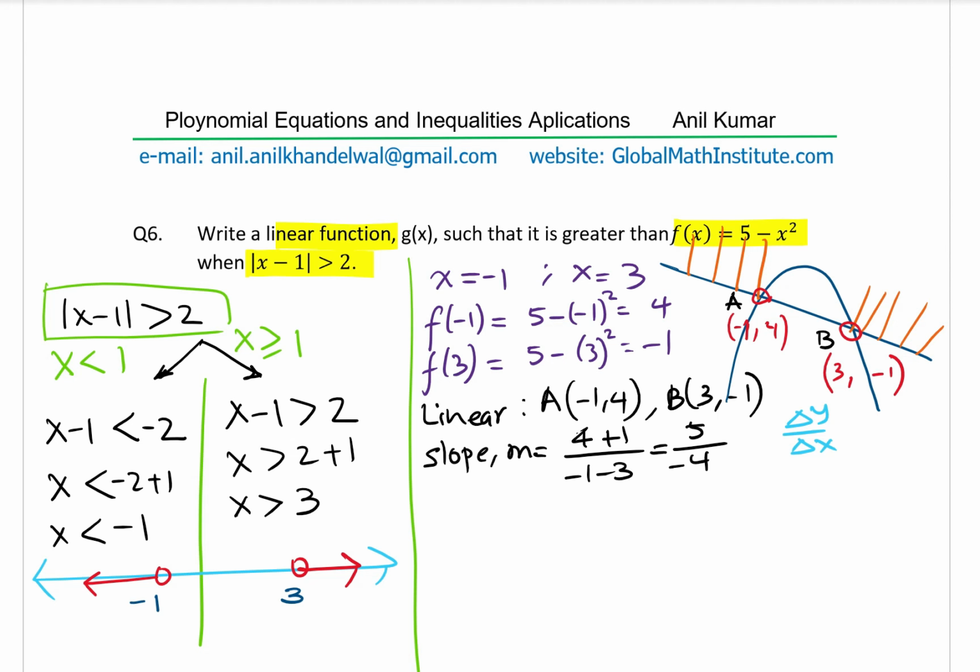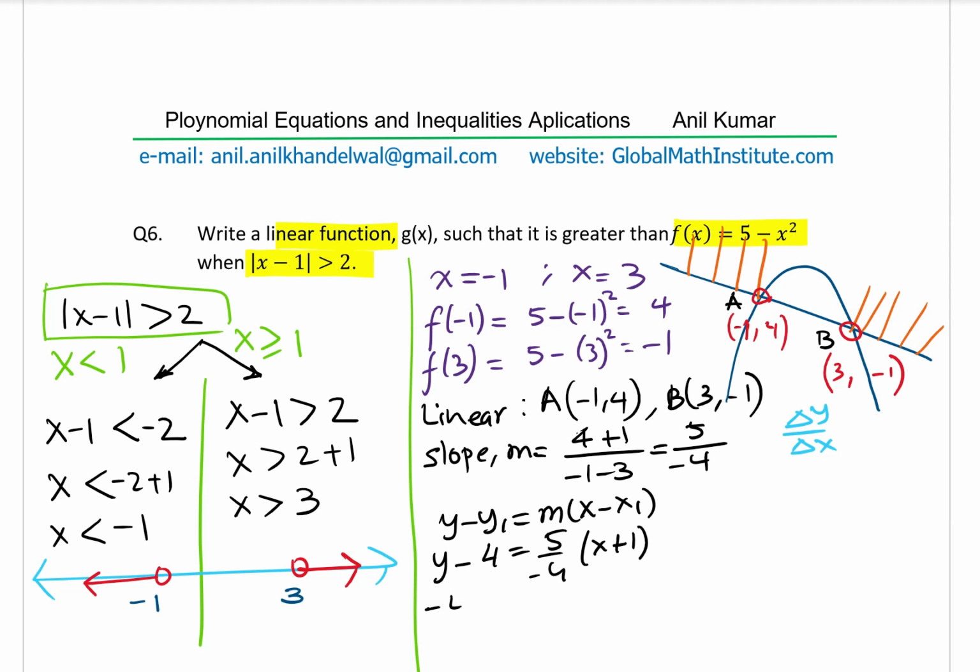And the equation we can write in the form of y minus y1 equals to m times x minus x1. So we have y minus, let's use this value, minus 1 and 4. So we have y minus 4 equals to the slope 5 over minus 4 times x minus x1, which is plus 1 here. So we can just cross multiply.